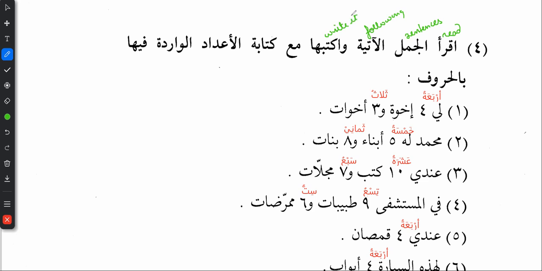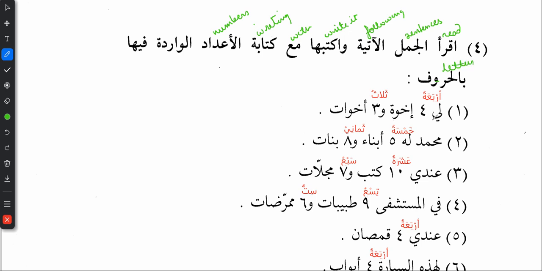Ma, with. Kitaba, writing. Al-adad, numbers. This is also plural. Adad and a'dad. Al-warida, the coming, the following. Fiha bil haruf. Bil haruf means in letters. So you have to write the number names.